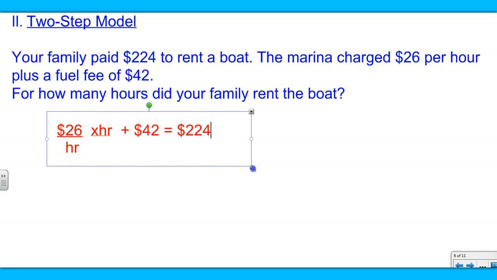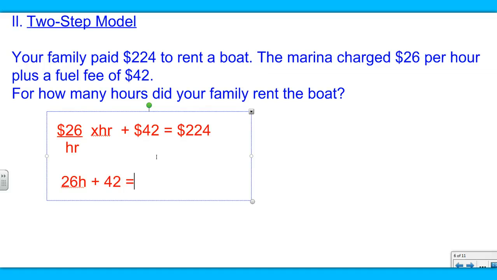Sometimes these equations are easier to look at when we take away the units. So we could say 26 times H plus 42 equals 224.